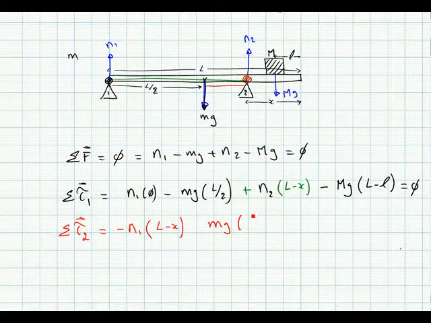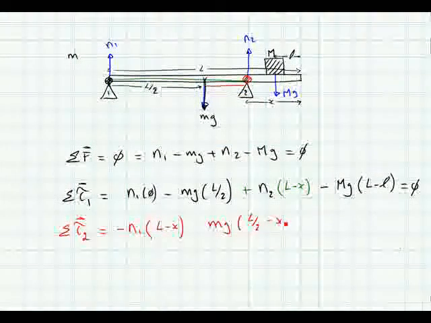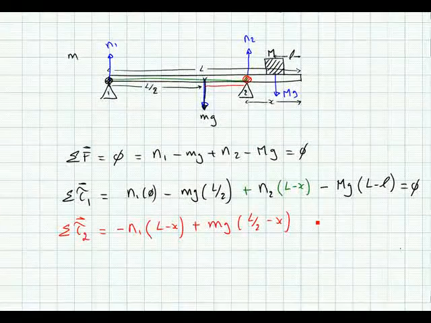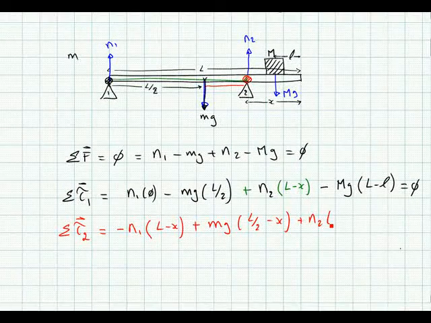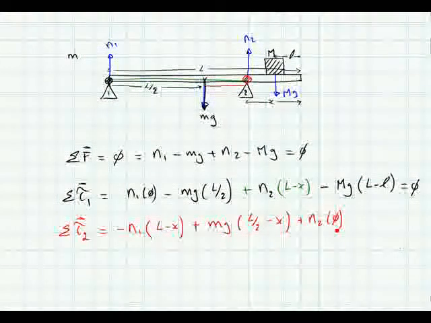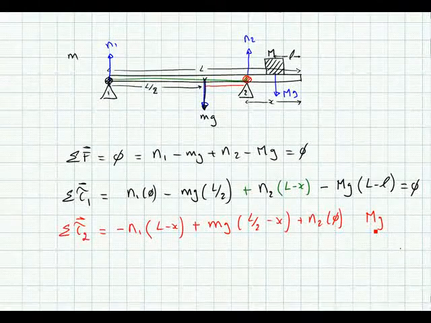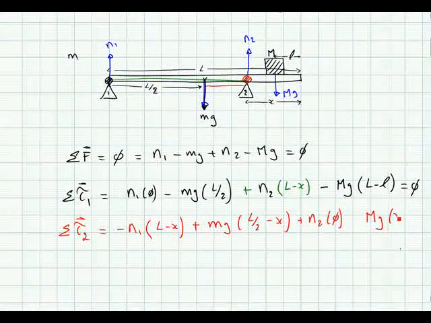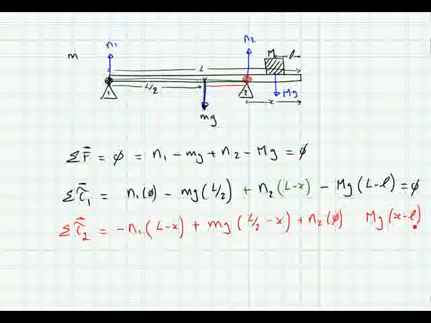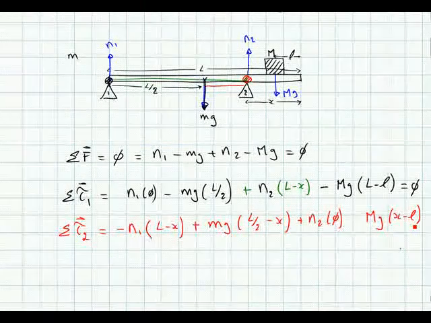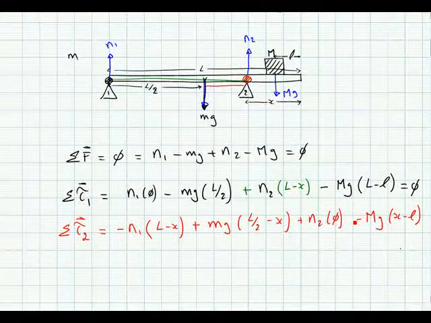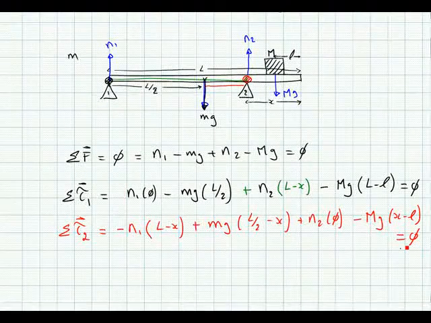L over 2 minus x, and acting on its own it causes counterclockwise rotation, so that's a positive torque. Then we have n2, and that's a 0 torque, 0 moment arm. And then finally we have big Mg, which is positioned x minus little l away, and it would cause a clockwise rotation, so it's a negative torque. So all this must also equal 0.